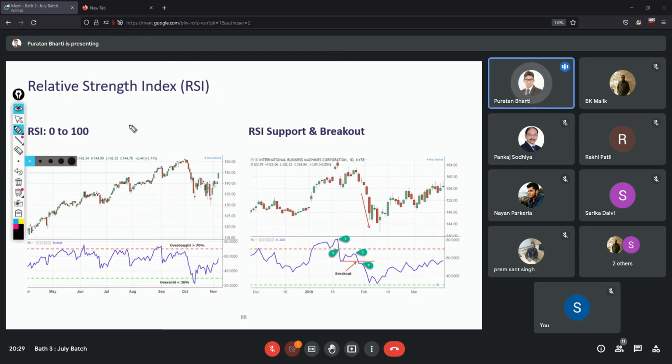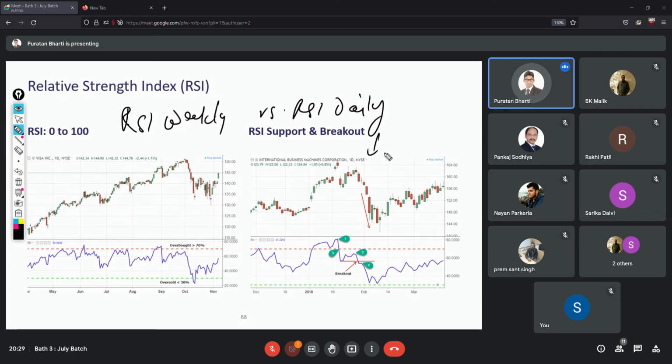The other comparison that you would like to do is compare RSI weekly versus RSI daily. It is possible that RSI has touched 70 on the daily time frame, but the weekly still has some gap left, some scope.